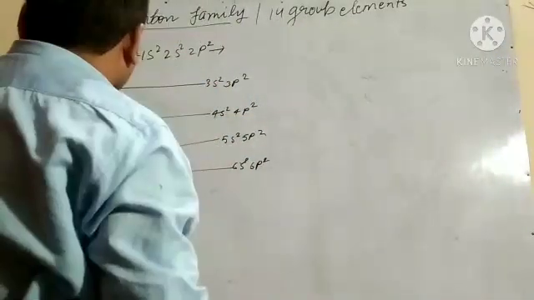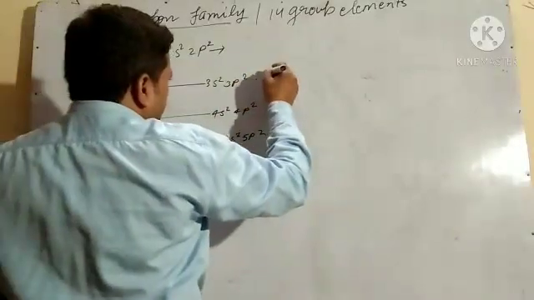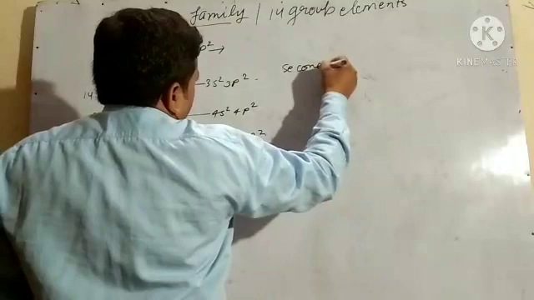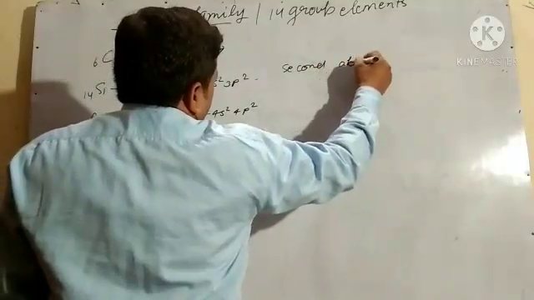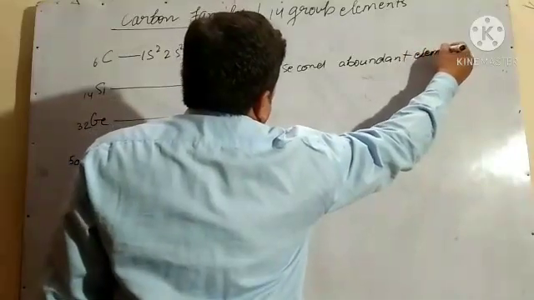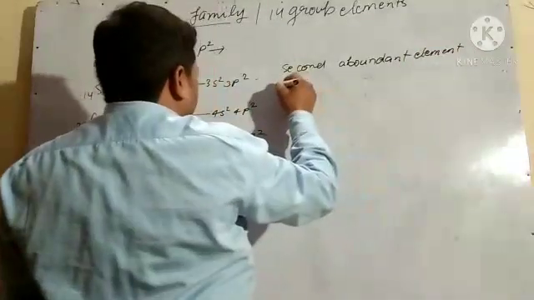Next is silicon. Silicon is the second most abundant element in the earth crust.